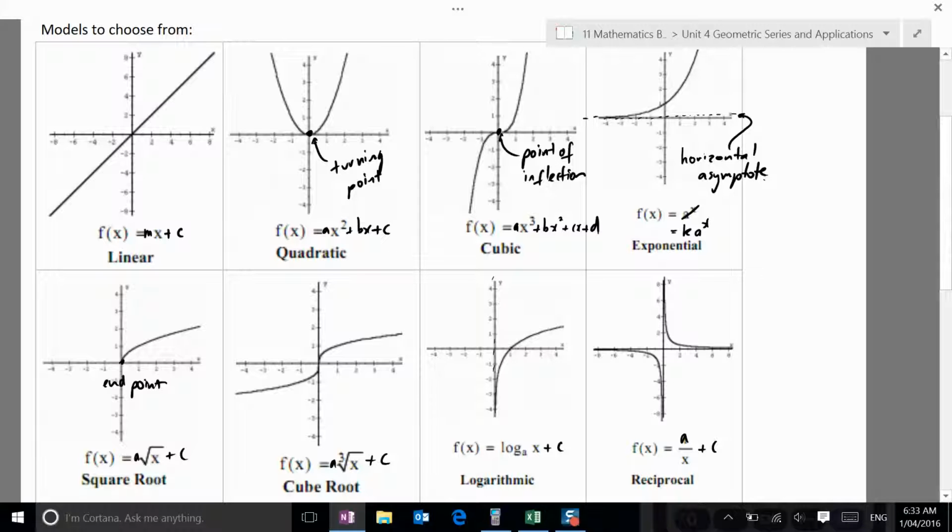Logarithmic, there's some dashes on here. It's got a vertical asymptote. And reciprocal has the vertical and horizontal asymptotes. So they're the models that we're going to choose from.